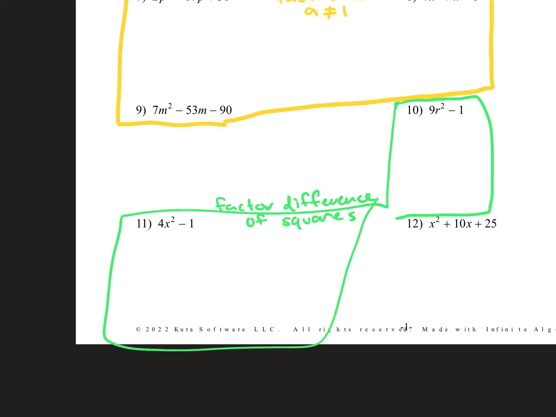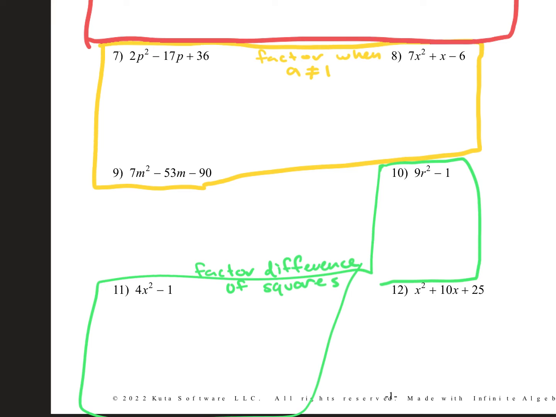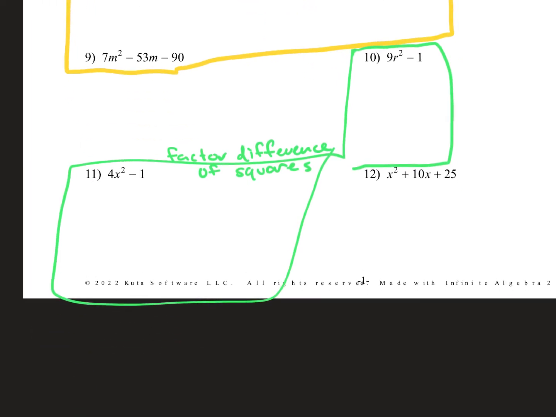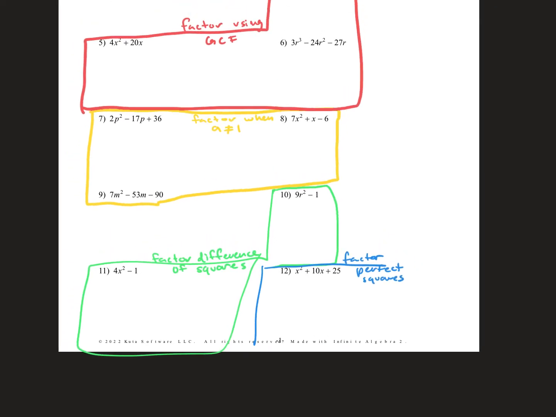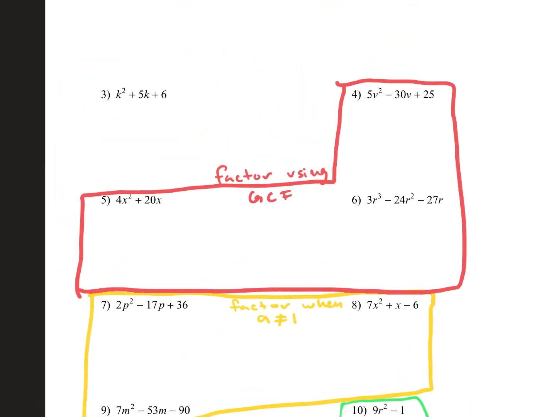Number 9 is factor when A is not 1. And then 12 and 13 are factor perfect squares. So hopefully having the instructions there will kind of give you a hint on what to do with each type of question.